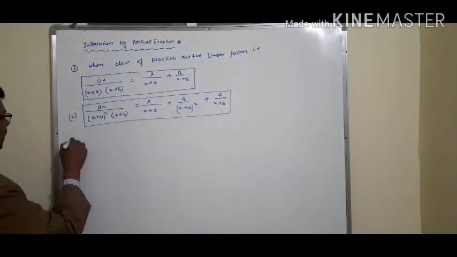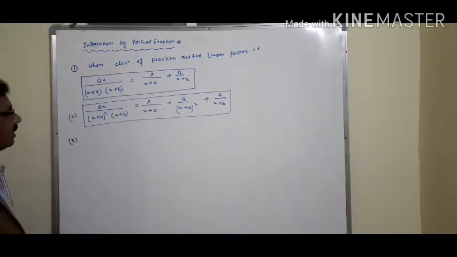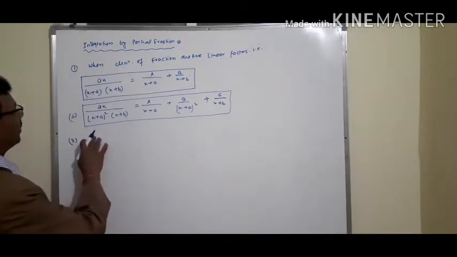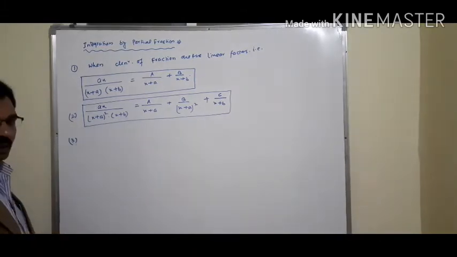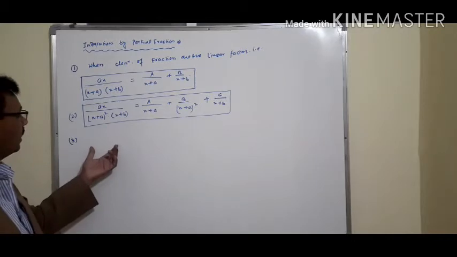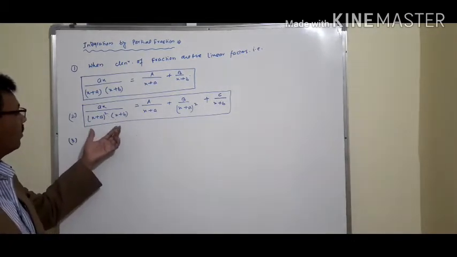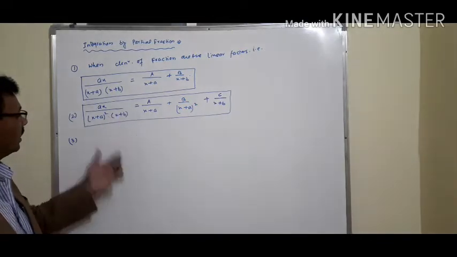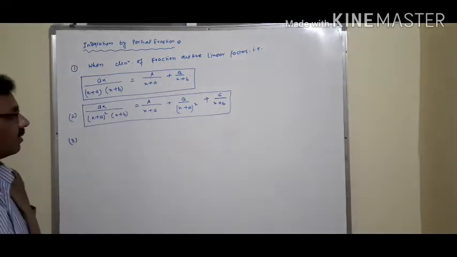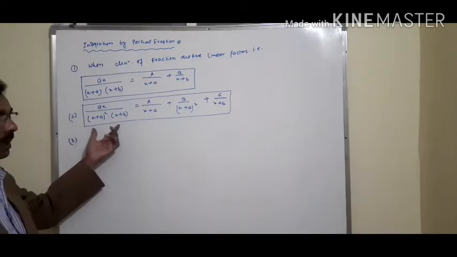Now we discuss the third type of partial fraction. In this partial fraction, the factor of the denominator of the given fraction is in the form of a quadratic.